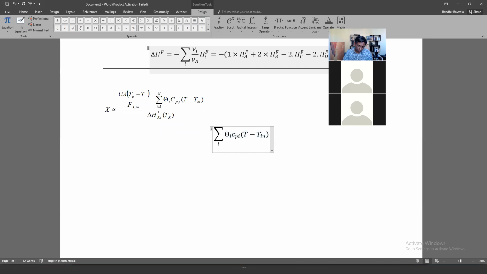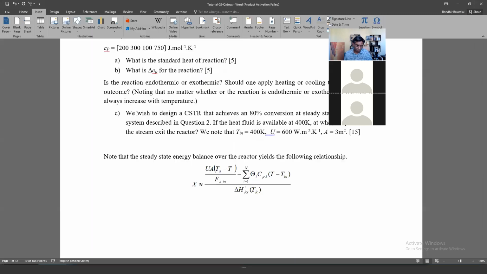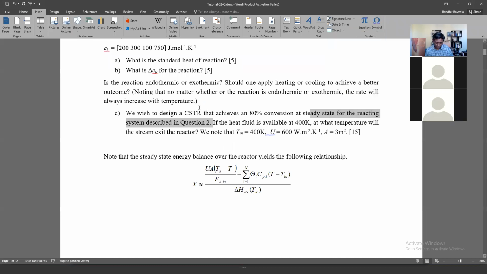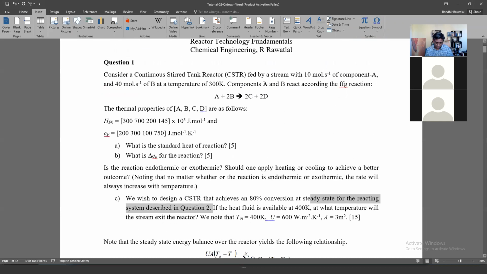So that's going to be, and in this problem, we are told that we have 10 moles per second of A and 40 moles per second of B.